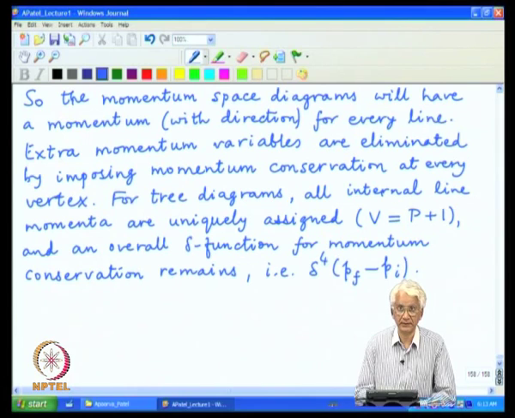If that is not satisfied, then there is no interaction at all, because the theory has an overall translational symmetry and the total momentum conservation must hold.